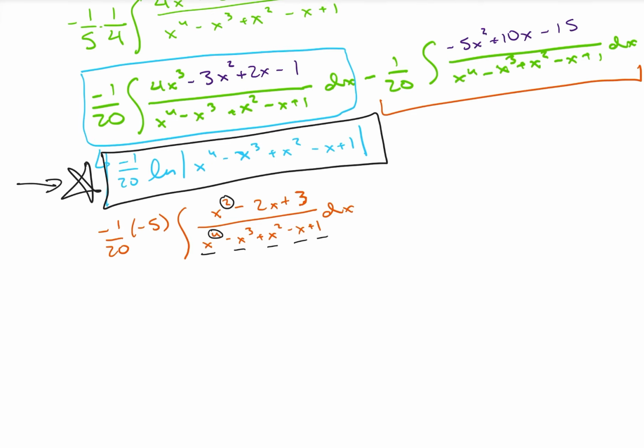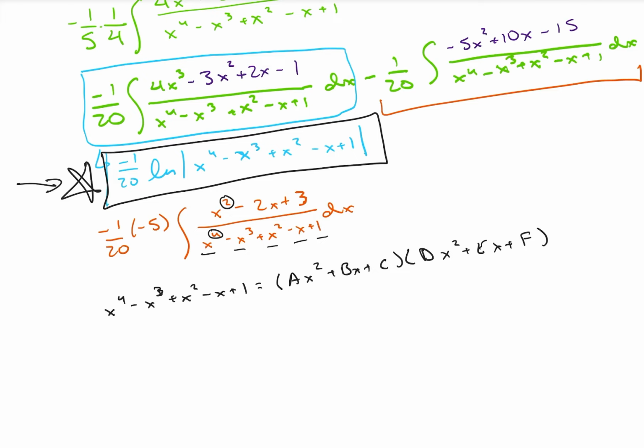So let's go ahead and look at this x to the fourth minus x cubed plus x squared minus x plus 1. And let's see if it would equal anything of the form ax squared plus bx plus c times dx squared plus ex plus f.